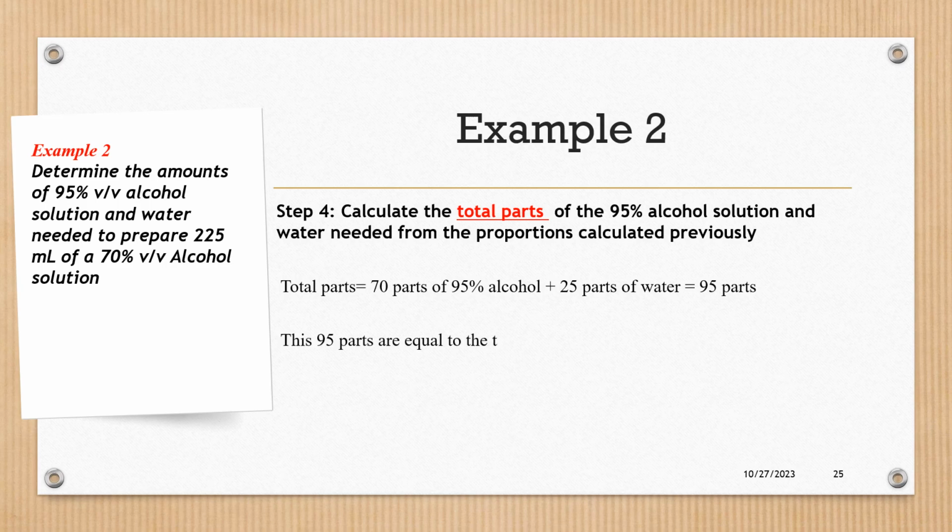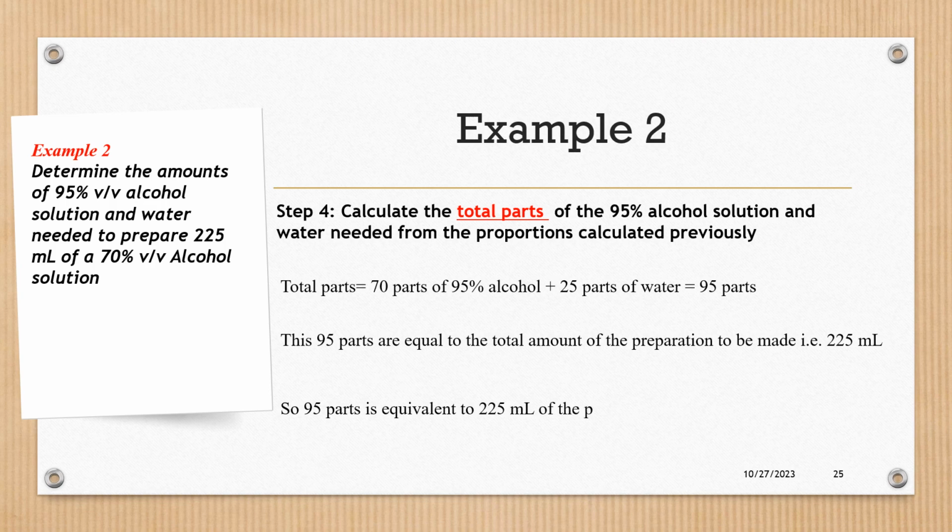So with respect to that 225 mL final volume of alcohol, here we're saying the 95 parts are equal to 225 mL. So we can now go ahead and determine how much of each of the stock we're supposed to be adding per volume or by parts to the mixture to make up 225 mL of 70%.